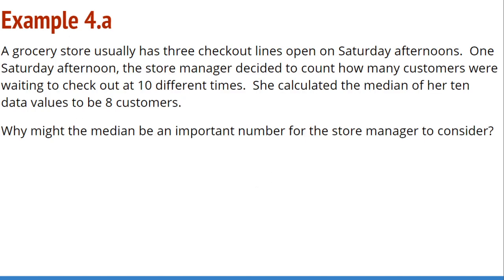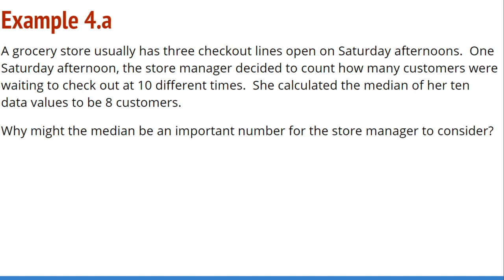So a grocery store usually has 3 checkout lines open on Saturday afternoons. One Saturday afternoon, the store manager decided to count how many customers were waiting to check out at 10 different times. If I were the store manager, I'd be asking myself, do I have enough checkout lines open?